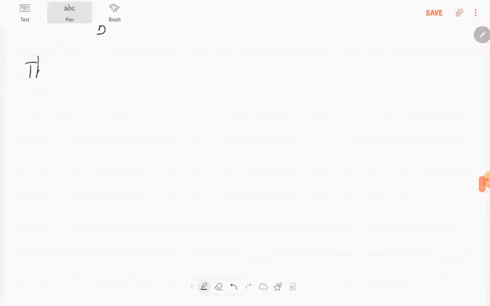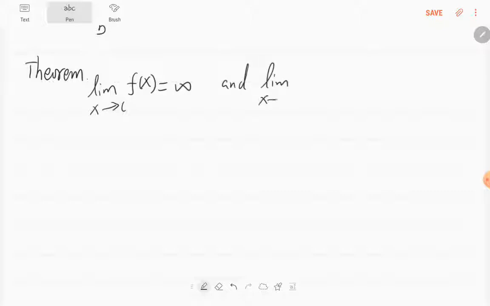So this is the theorem. Suppose we know that the limit as x approaches c of f of x equals infinity, and the limit as x approaches c of g of x equals a finite number L. We use less than infinity, that means it's a finite number.